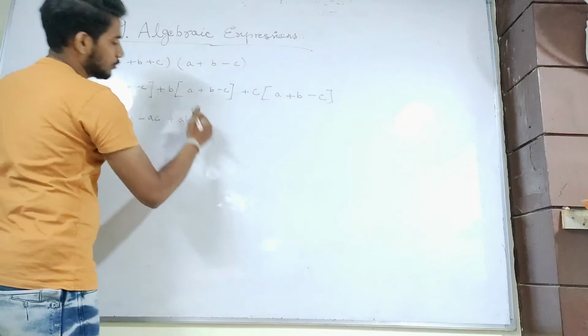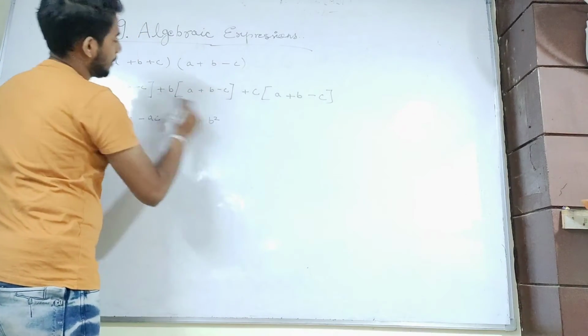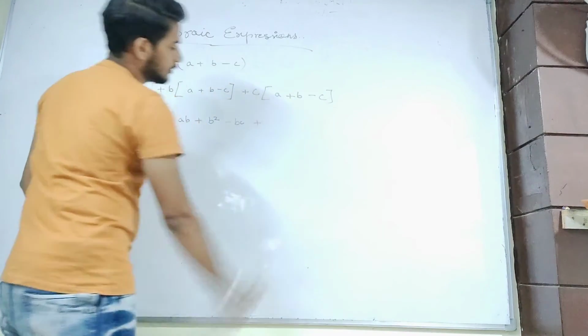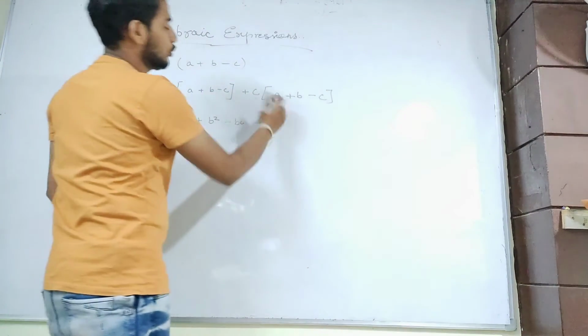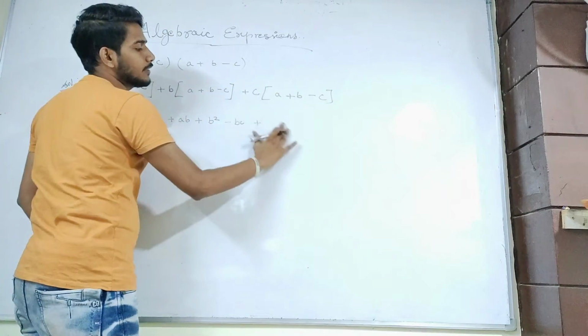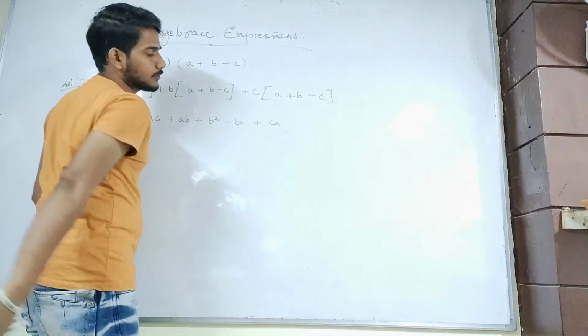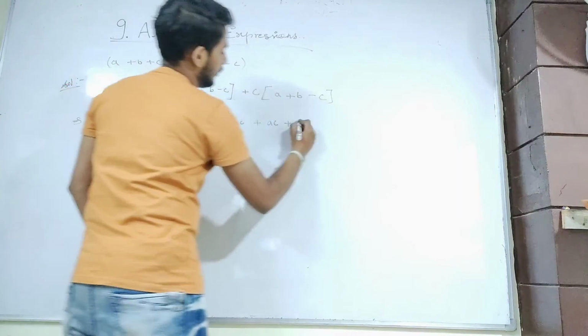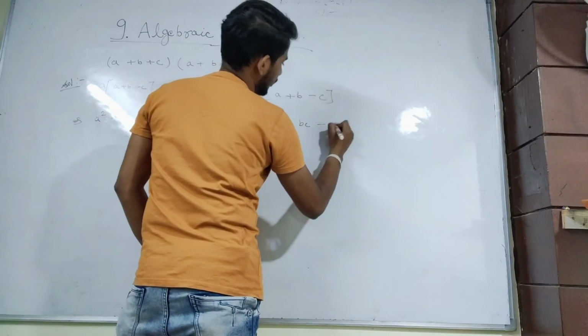Then plus b square, plus minus will be minus bc, plus a into c into a will be ac, or you can write ca. Both the terms are same, so we will go with ac. ac plus bc and minus c square.